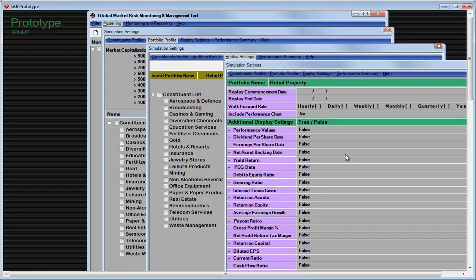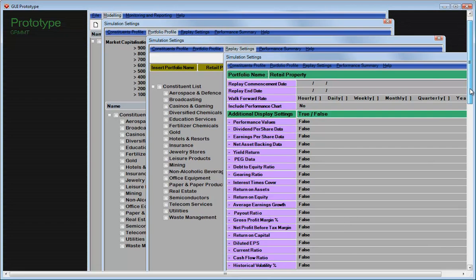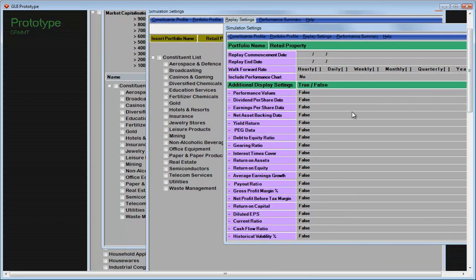Our next step is to go in and set up our simulation. You'll notice here that we have commencement dates and end dates, and how fast we want to walk forward, and whether we want performance charts displayed and built as we're going along.